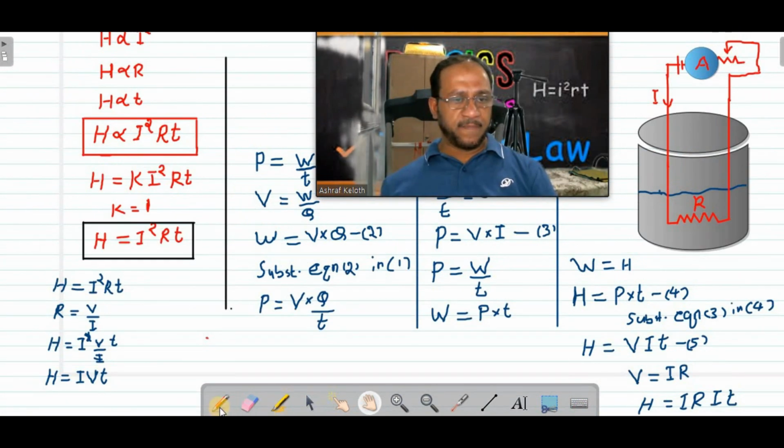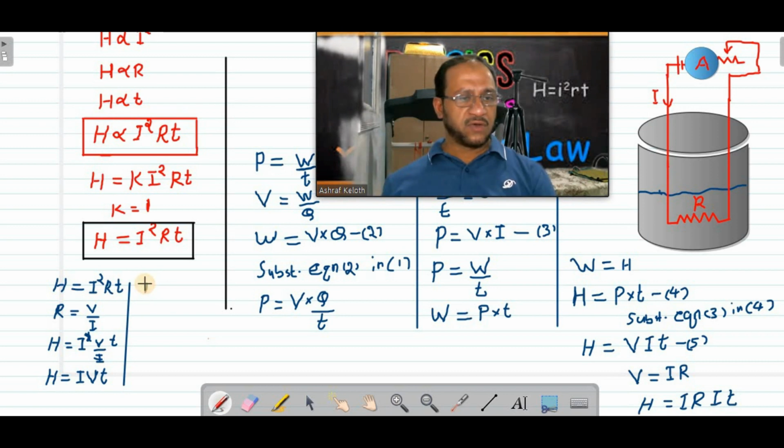Okay, now listen here. Now one more equation. From the same equation, H is equal to I square RT. According to Ohm's law, what is I equal to? I is equal to V by R. If I apply this in the equation of Joule's law, I square RT, instead of I I am writing V by R. So I square will be V square by R square, isn't it?